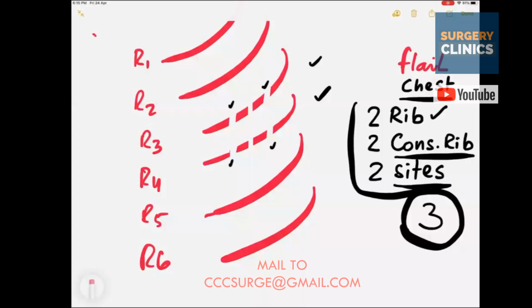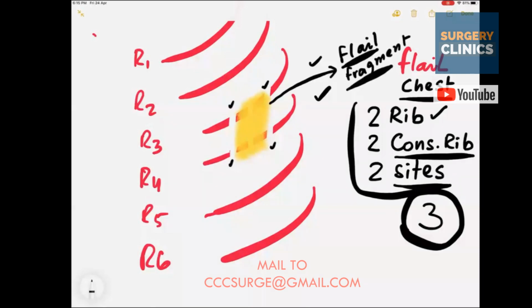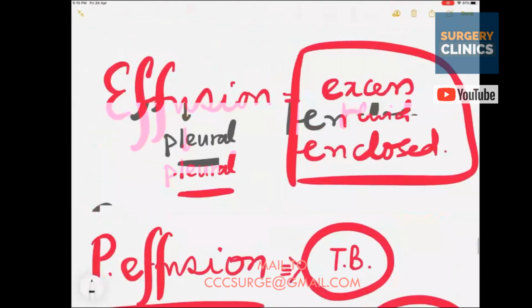But these are the minimum criteria that you are required to remember. And then this loose fragment is called a flail fragment. So 2 ribs, 2 consecutive ribs, 2 sides is something that you are required to remember.